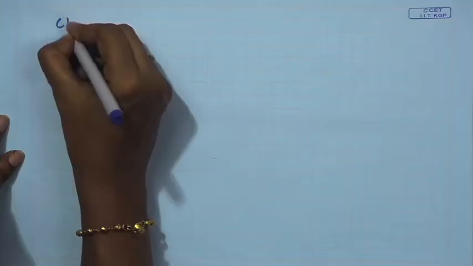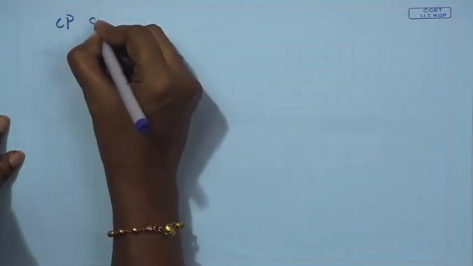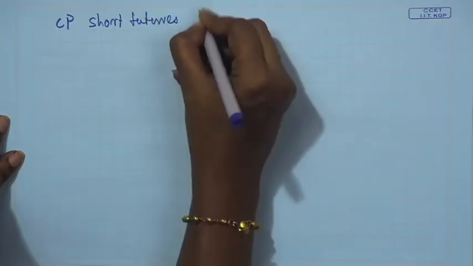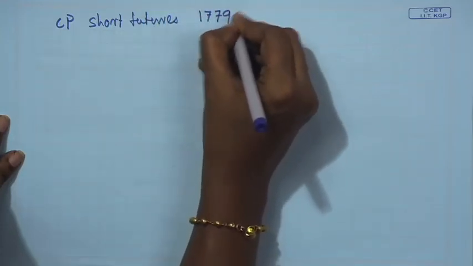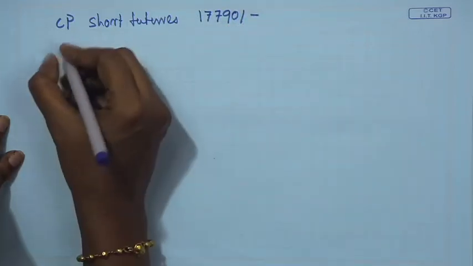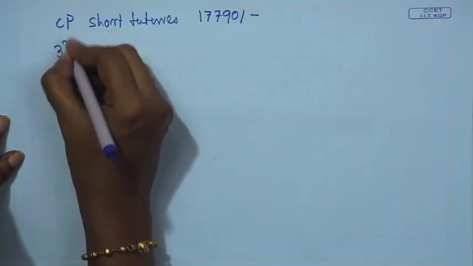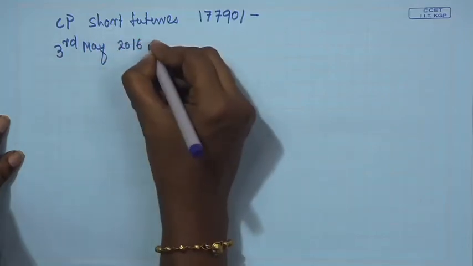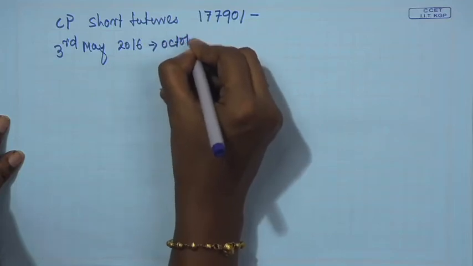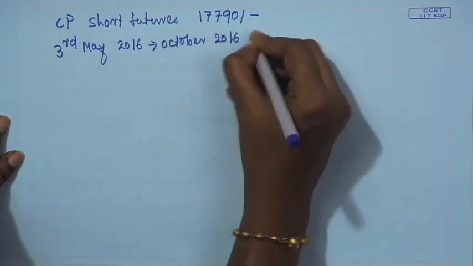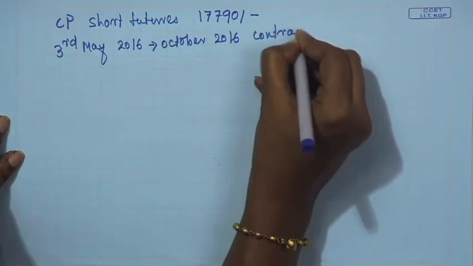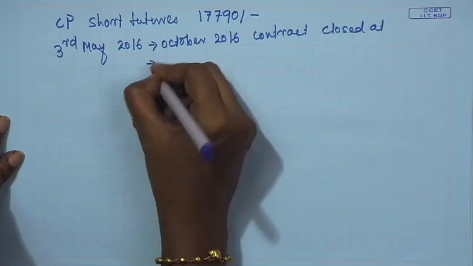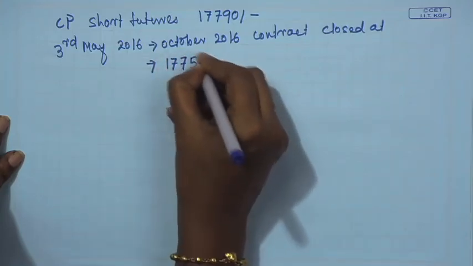So, the cotton producer had short futures at 17,790, and on 3rd May the October 2016 contract closed at 17,750.